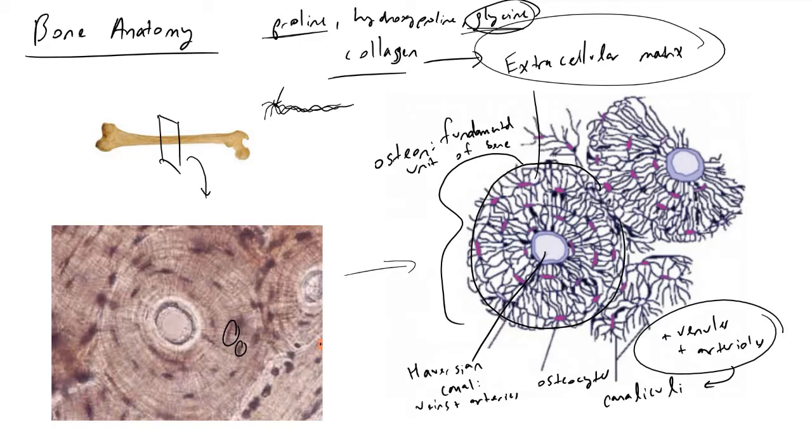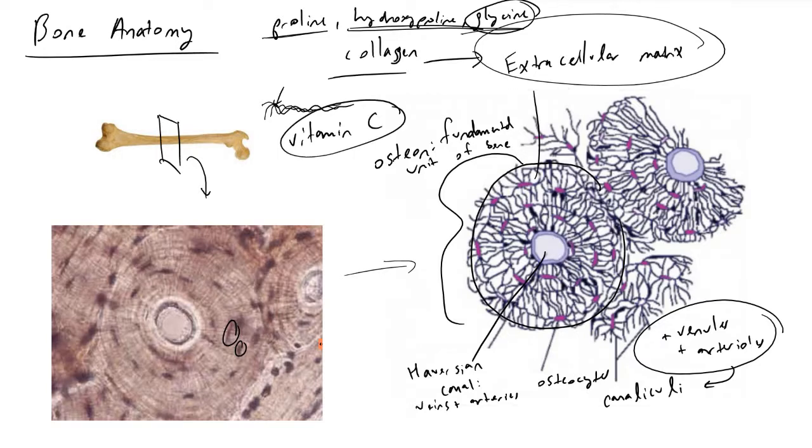And then a final note to make about collagen that's existing within the extracellular matrix of your bone is the fact that your hydroxyproline is going to come from proline, and you need vitamin C to make hydroxyproline from proline.